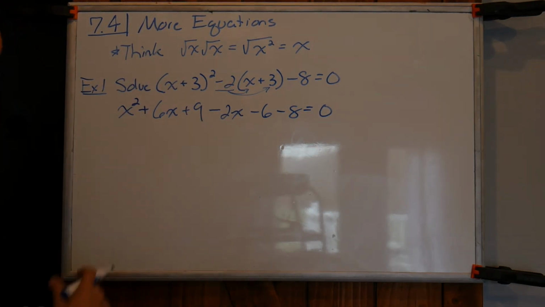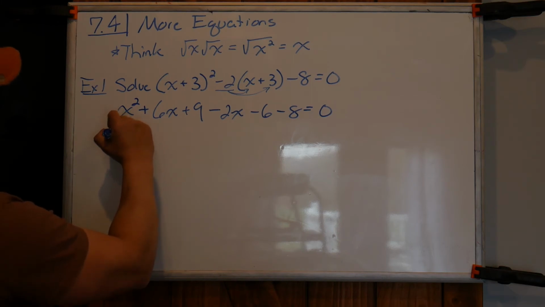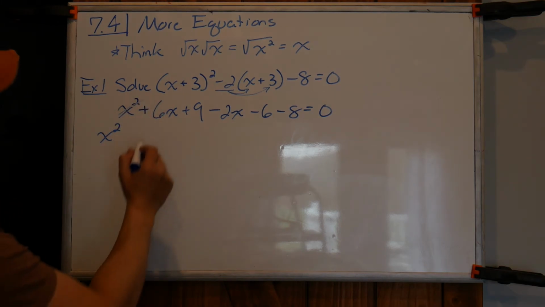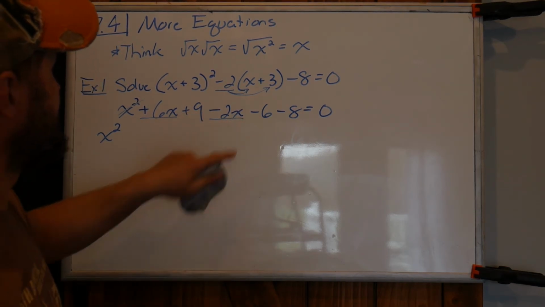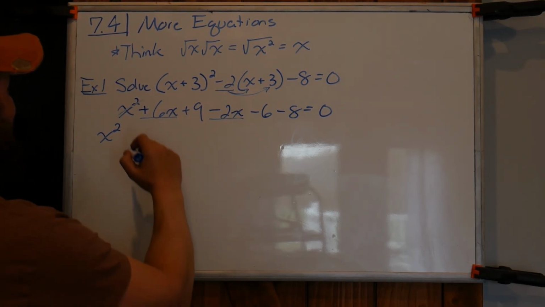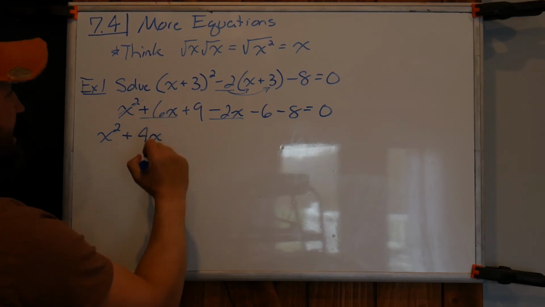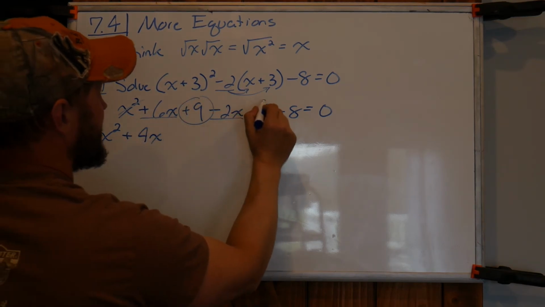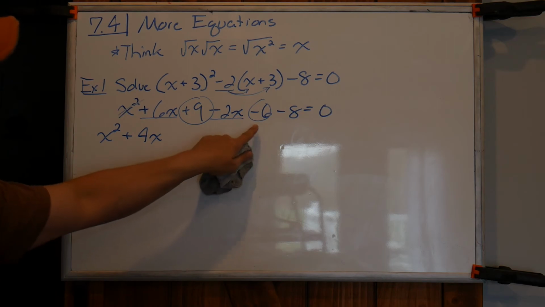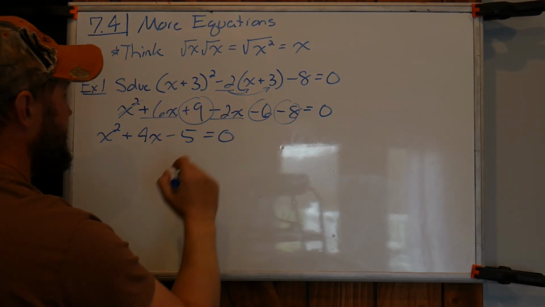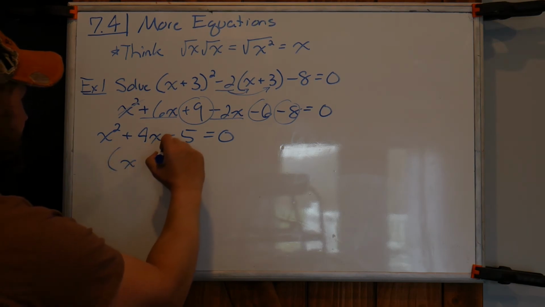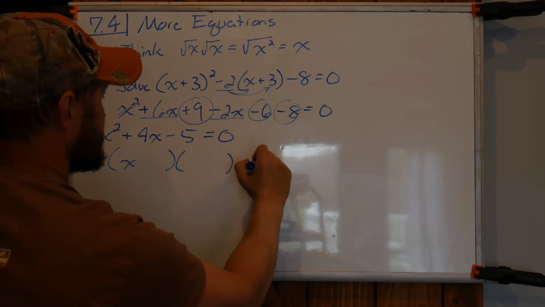So now I just start combining, and there's my x squared. Well, then I have positive 6x minus negative 2x. So I have plus 4x. Then I have 9 minus 6 is 3, minus 5 is negative 5. And I'm just going to solve this. It said solve.